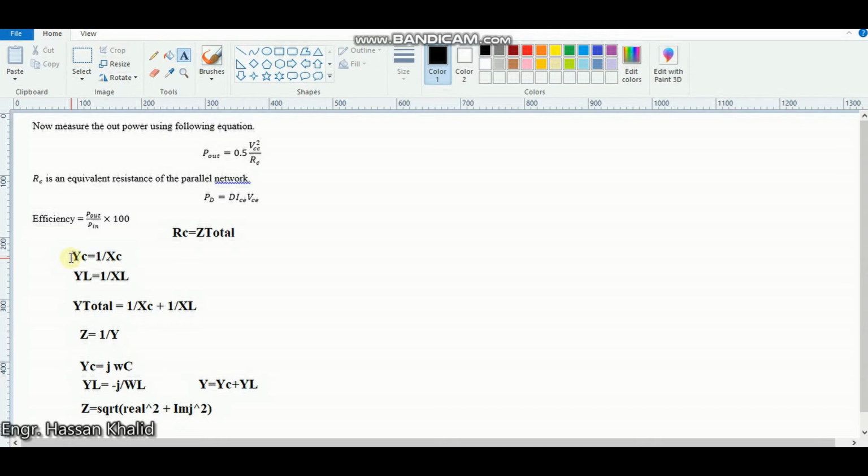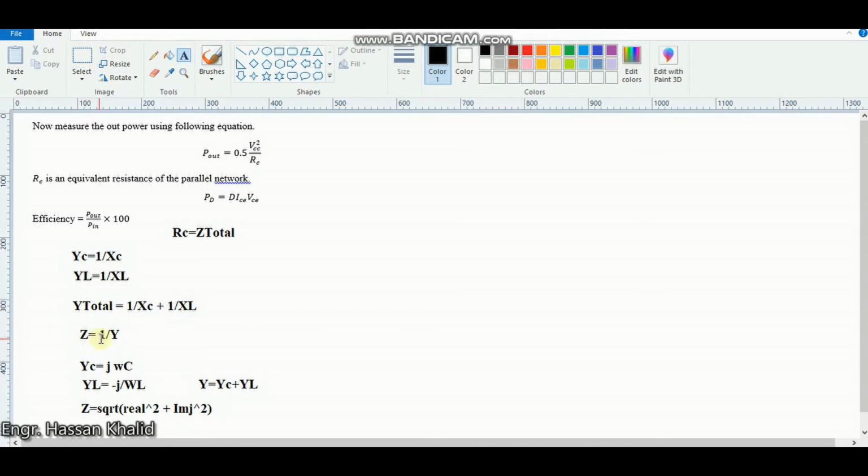The capacitor has a susceptance equal to 1 over XC, and the susceptance of the inductor is 1 over XL, and the total admittance is the sum of all the parallel components, 1 over XC plus 1 over XL. If there was a resistor, that would also come as 1 over R, but since it is absent in our case, we can ignore it.